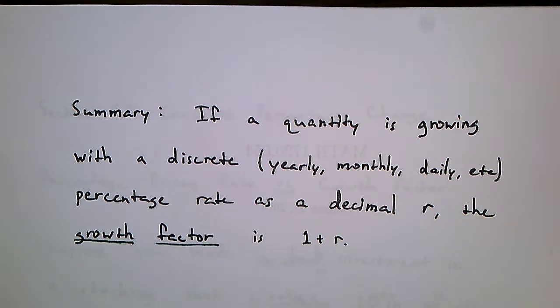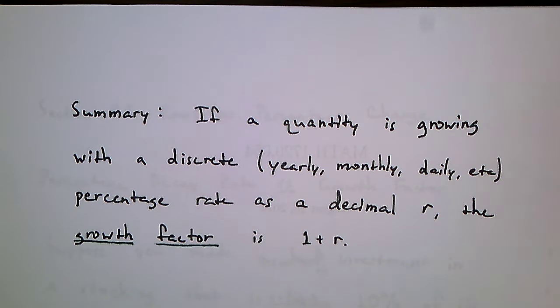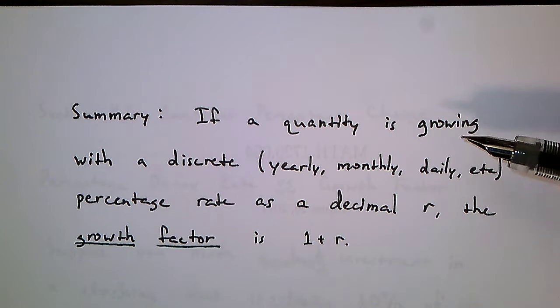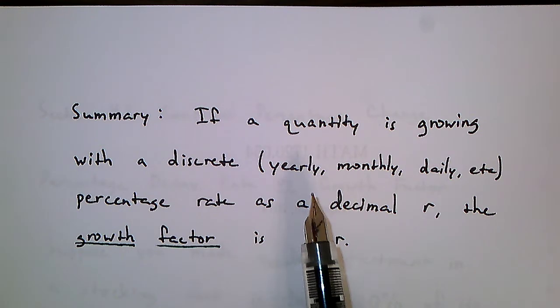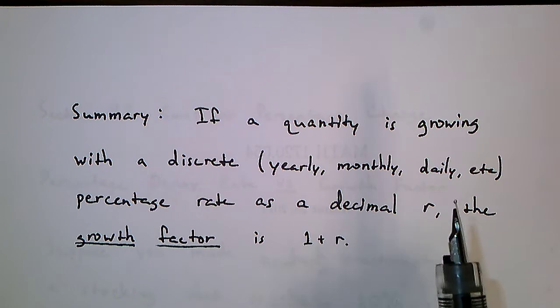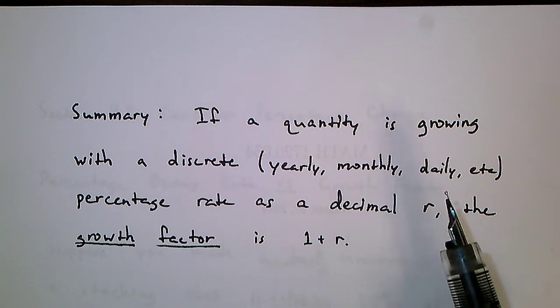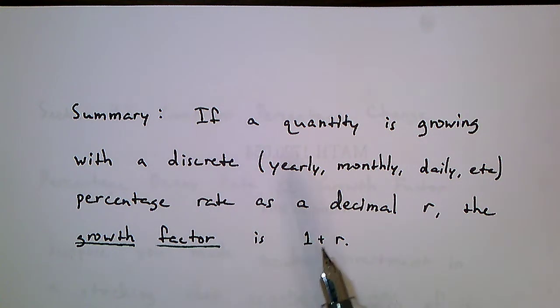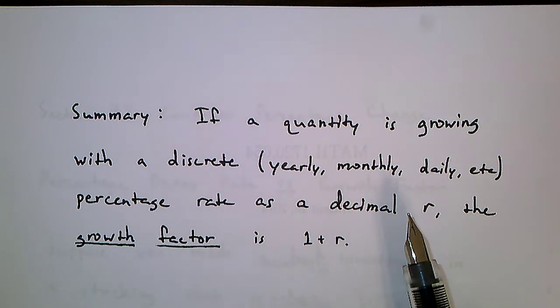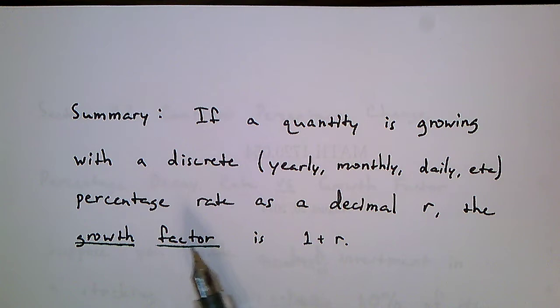Here's a summary of what we did. And this might be helpful when you're working through your homework problems. If a quantity is growing with a discrete percentage rate, and in this case that means yearly, monthly, daily, it could be weekly even, with a discrete percentage rate as a decimal r, then the growth factor is 1 plus r.